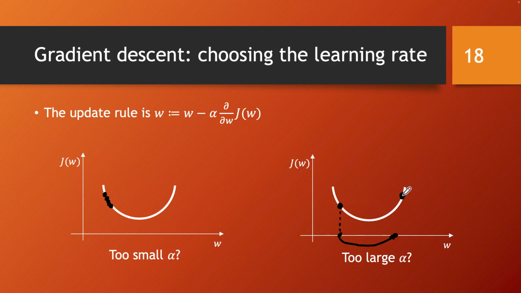And then you are updating again based on the partial derivative at this point. This partial derivative is even bigger than what we had before, and again you have a large alpha, so that might actually take you to an even larger value of your loss function, and so on. So instead of actually getting to a minimum, having a large alpha might imply that your algorithm is diverging. In fact, it never gets close to the minimum point.